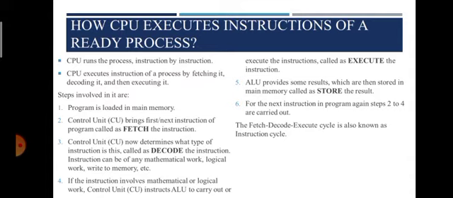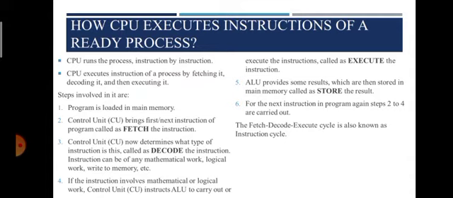For example, you have a small box, and in that box you have water. Then you can say fetch the water from the box. That means you are taking out water from that box. Likewise the same thing is happening here. The control unit is taking an instruction from the process and giving it to the next step.